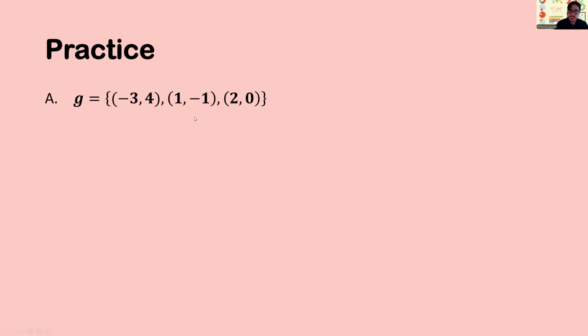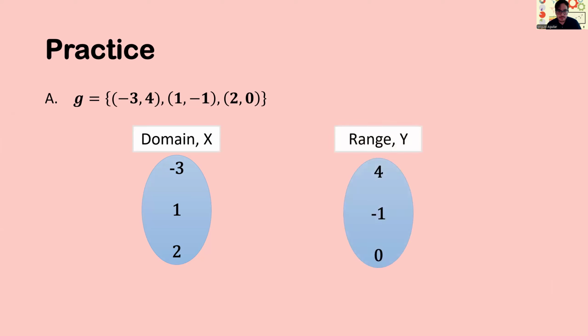It's another simple relation here. I have a set of ordered pairs. Can you tell me what is the domain of this relation G? -3, 1, and 2 is the domain. Can you tell me what the range is? 4, -1, and 0, right?